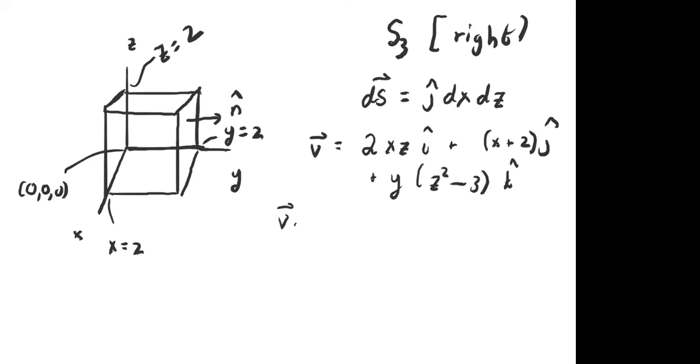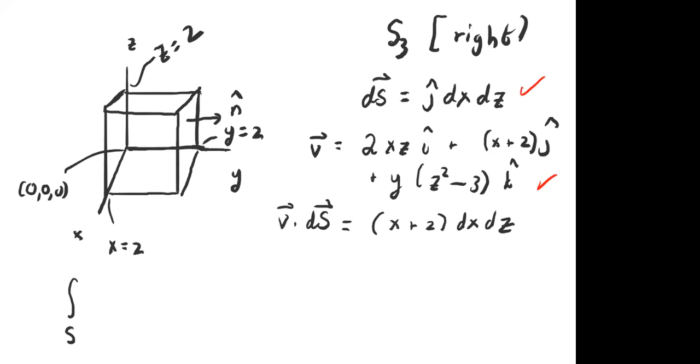So we're starting to get used to this. In order to evaluate that surface integral, I need to take the dot product of these two vectors. The only one that survives due to the property of unit vectors is the j hat term. So this is going to reduce to (x plus 2) dx dz.